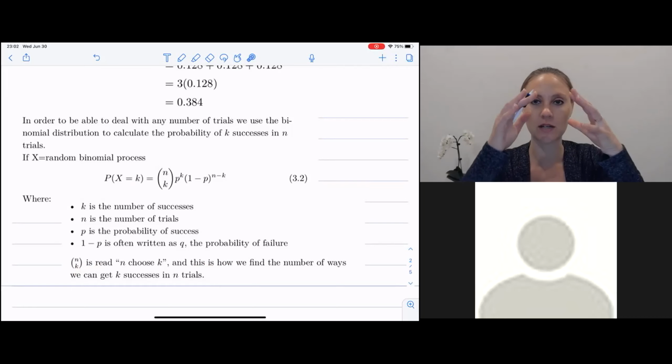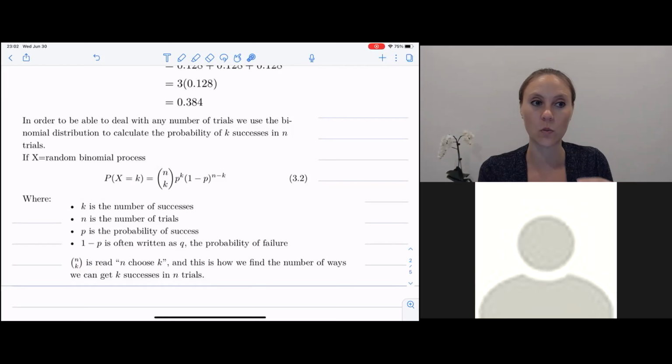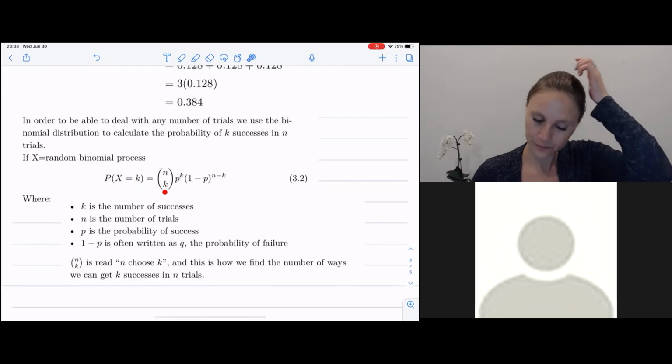So when we set up that tree and found that there were 3 ways that we could get exactly 1, what we're finding is the probability that x equals 1 is 3 choose 1, because we're doing 3 trials and we want k successes. 3 choose 1, which turns out to be 3, but we're going to confirm that.